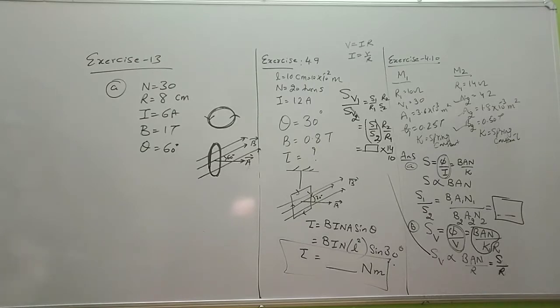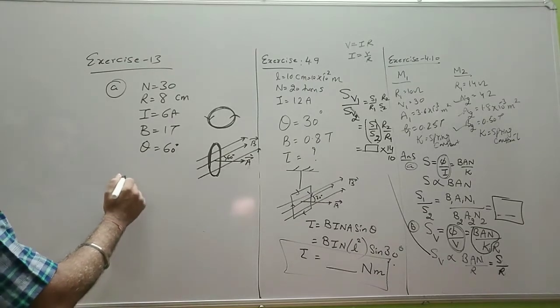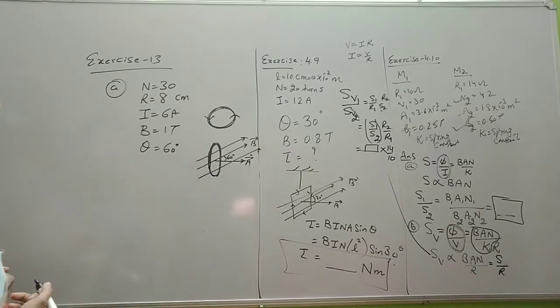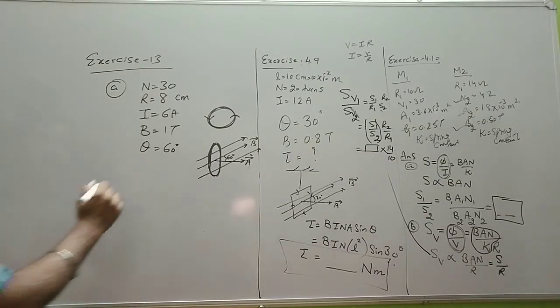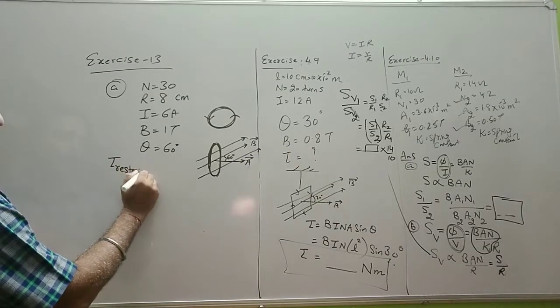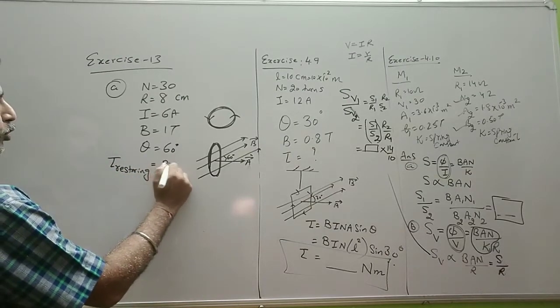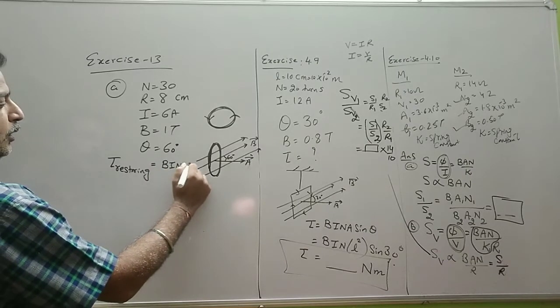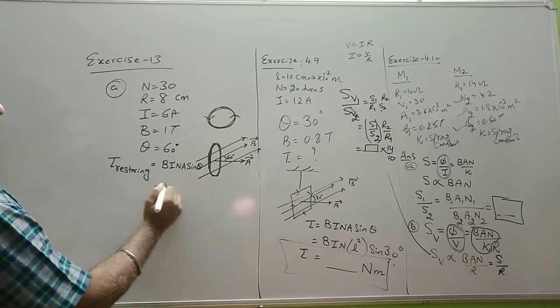So again, we know that applied torque is equal to NIAB sine theta. The counter torque is known as the restoring torque, so the magnitude of restoring torque will also be equal to NIAB sine theta.